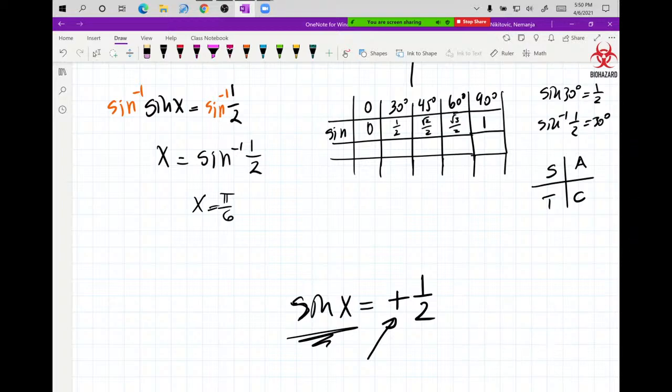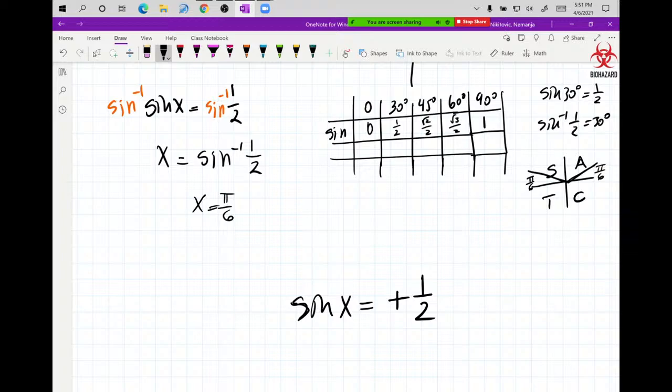So because your problem is sine x equals positive 1/2, you are looking at two positive quadrants. Now you already found your pi over 6 in the first quadrant. So that's all good. So now you know that there is another reference angle on the other side, because that's the positive quadrant.